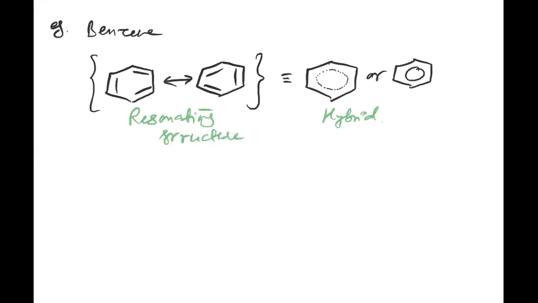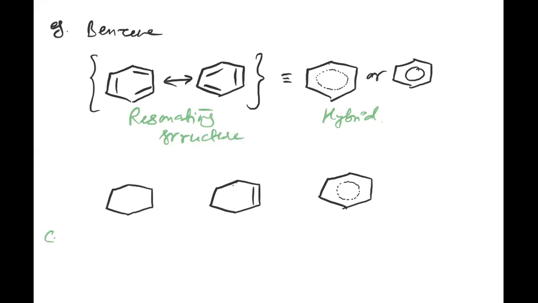If you see one compound, cyclohexane, or cyclohexene, and here you can represent benzene. Looking at the carbon-carbon bond length, in cyclohexane it is 154 picometer.